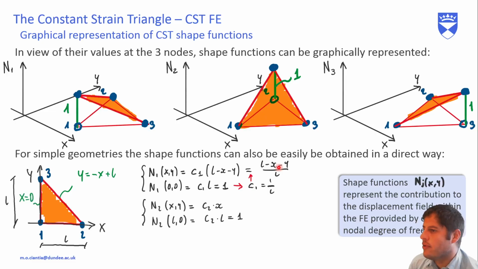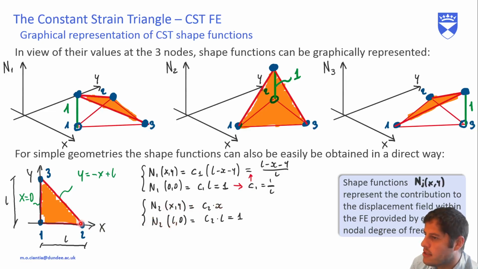What about N2? Again, N2 is this node here, equal to 1 when I'm on this node. So I look at the opposite side and I write the equation of this line, because this should always be 0 for N2. And this equation is x is equal to 0. So c2 x will be my generic N2 shape function, and I impose consistency.